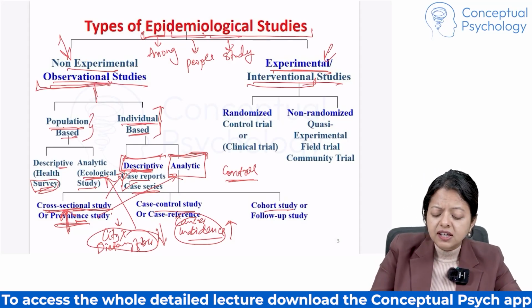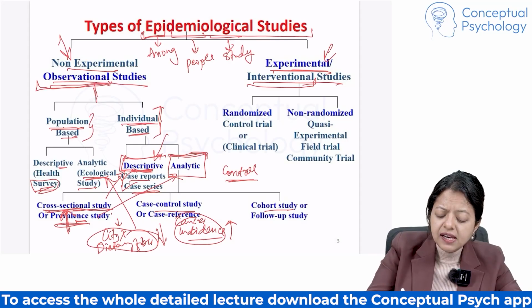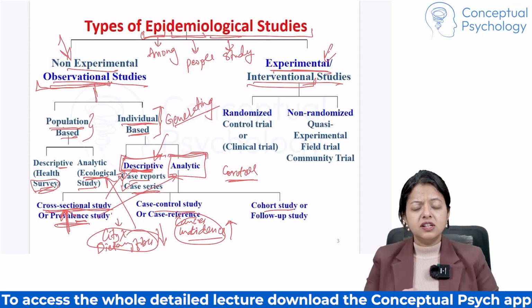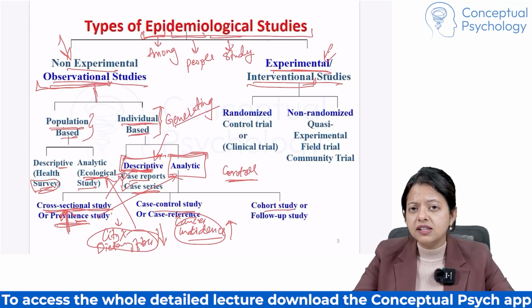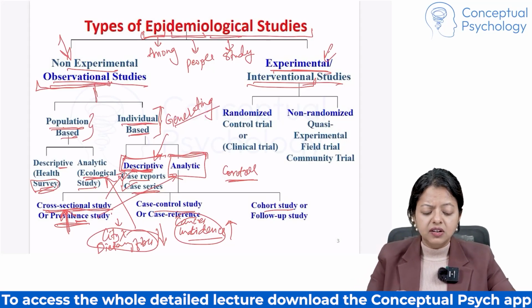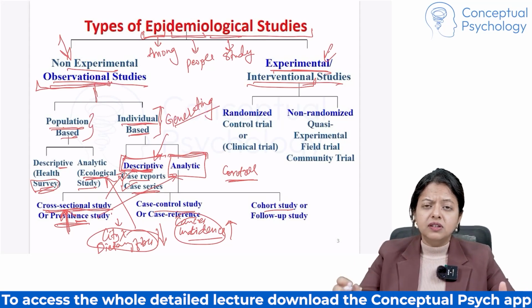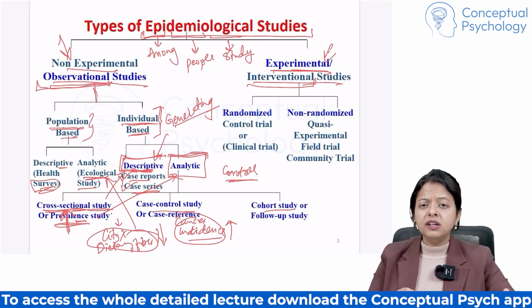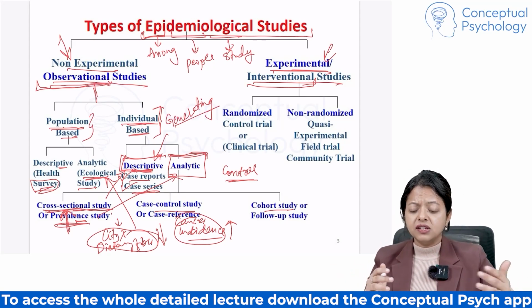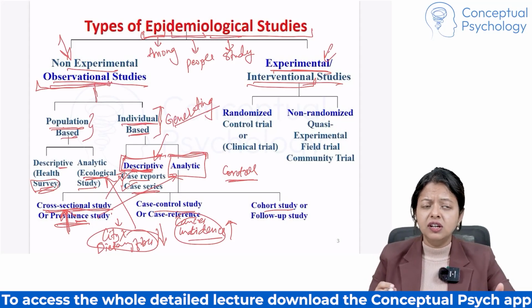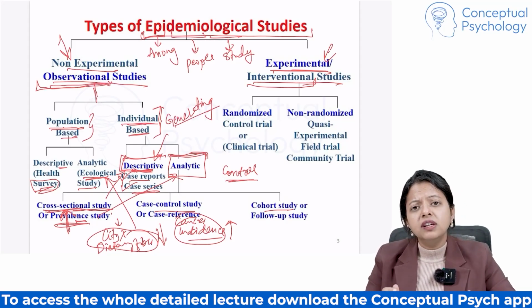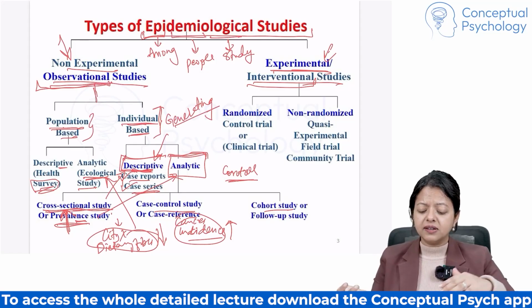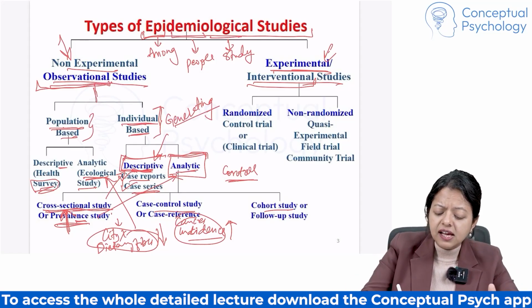So basically, descriptive studies help in generating the hypothesis, that okay, such and such disease has happened, lung cancer has happened, among this many people, and they were smoking, and that led to lung cancer. So a hypothesis is generated that maybe smoking could have led to lung cancer. Then analytical studies help in testing of the hypothesis.